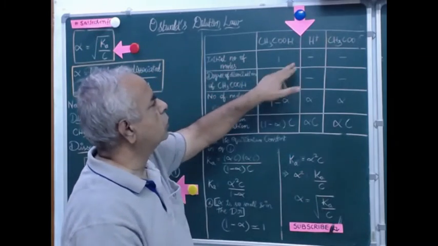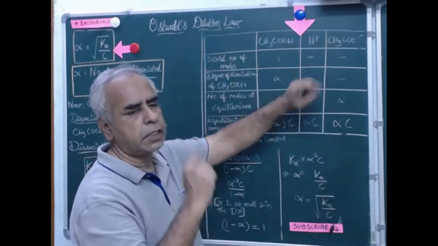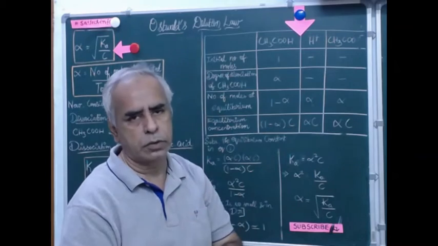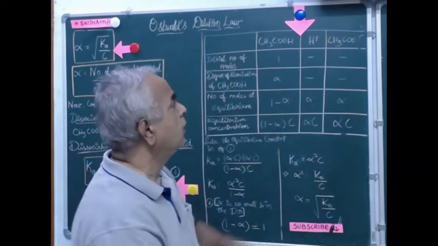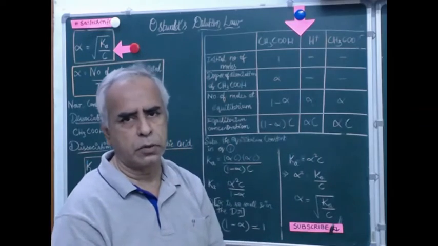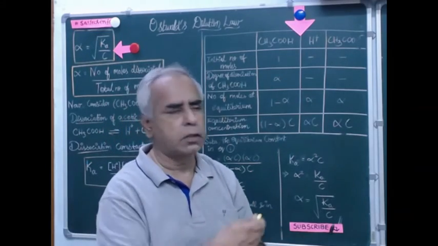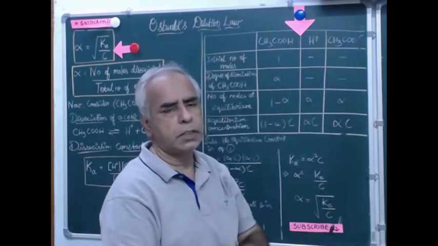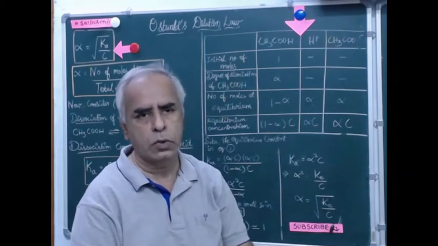Similarly we have to work out for H plus. Initially, when t is equal to 0, that is the initial point, there is no H plus formed, because the reaction has not yet started. Similarly CH3COO minus is also 0.